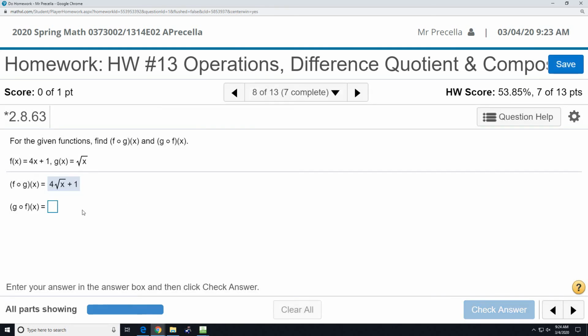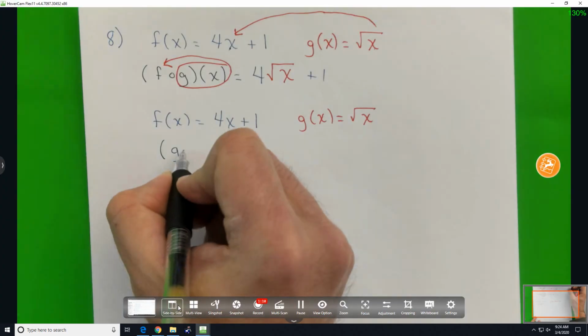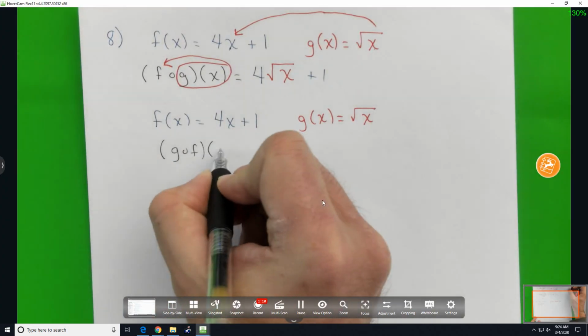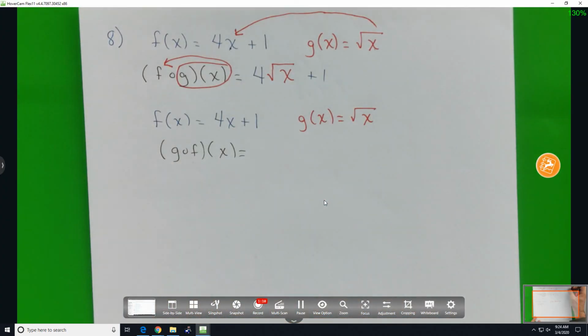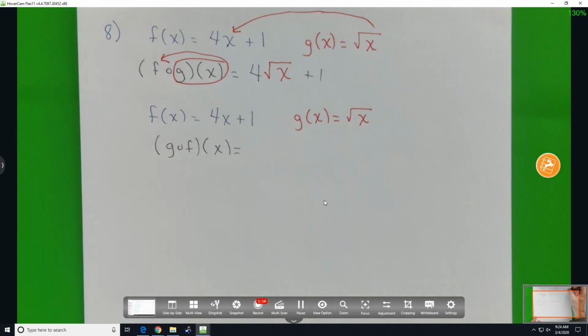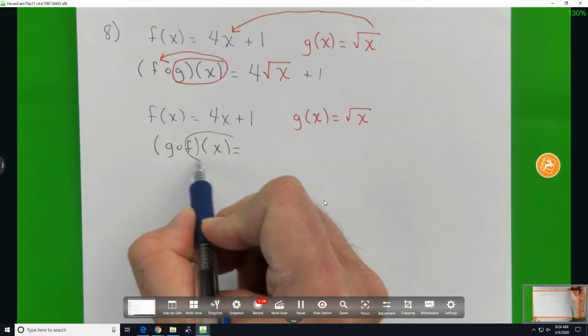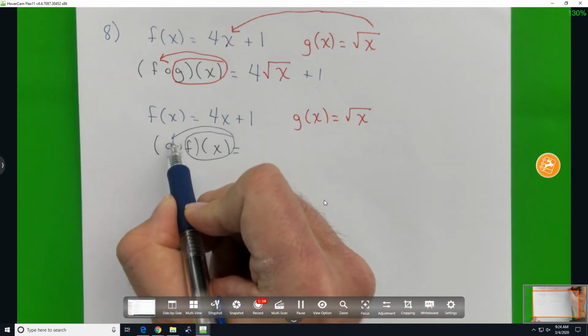Now the other direction. G of f of x. And this is one where it's going to look like all I'm doing is just writing the answer. G of f of x. That means plug G into f. I think you said it backwards.